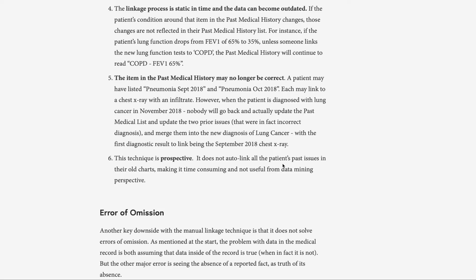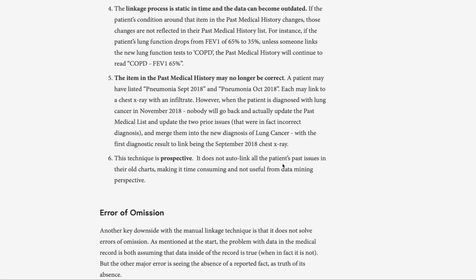And therefore, the chest x-ray from September 2019 needs to be linked to the lung cancer diagnosis. As you see, this requires a fair bit of fiddling with the old medical record, which is time-consuming and not reliable that people will do.